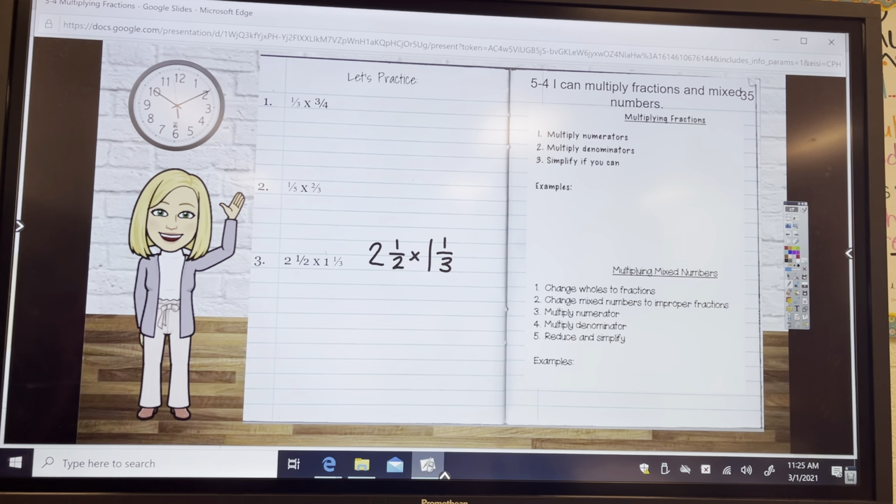We have to multiply. We can't multiply yet. What do we have to do? Where you multiply and then add, right? And what's that called? Changing my mixed number to an improper fraction. So I want you to do that step right now.